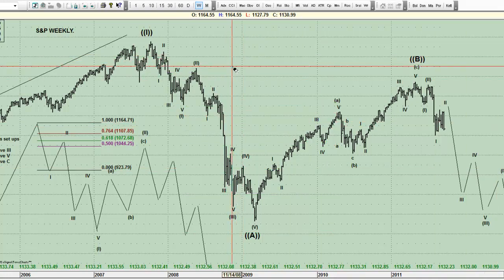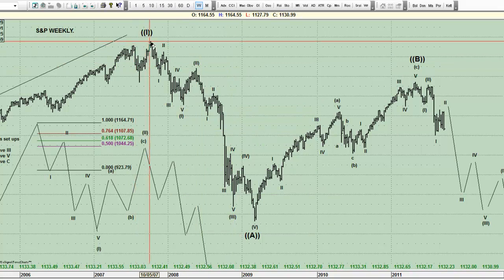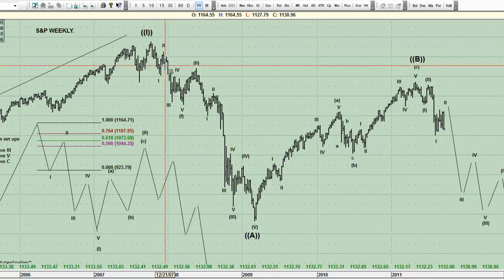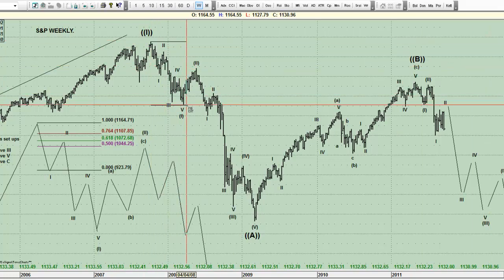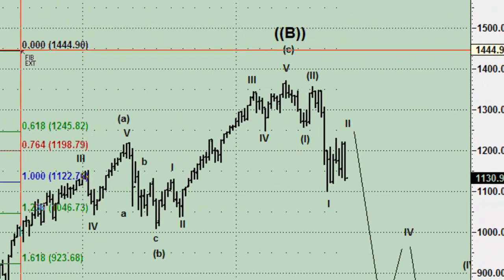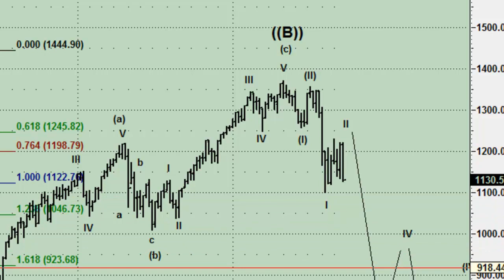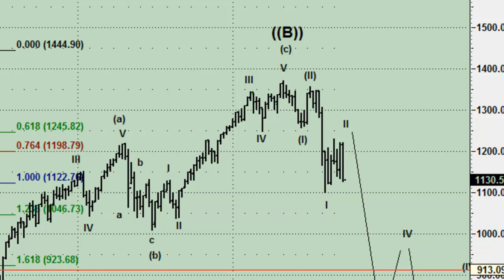Why do you do that? Why don't you enter here? Because entering here is called picking. Picking is an illusion. You don't know if the market is really at an end right here. If you go right here, you say, okay, my wave 3 is gonna end at the 1.618, but there is nothing for sure that says it's gonna end right there.